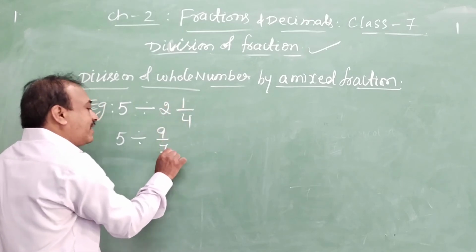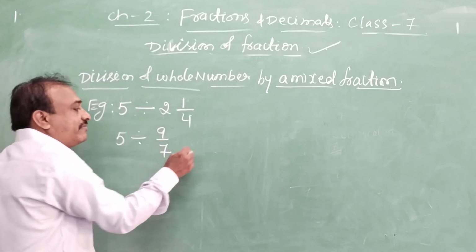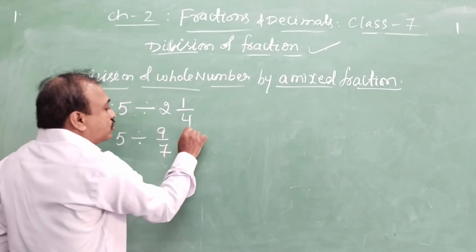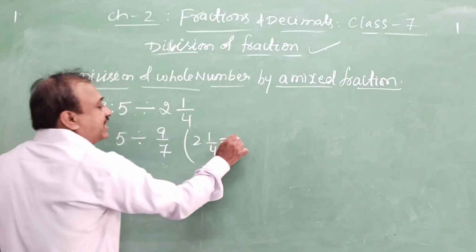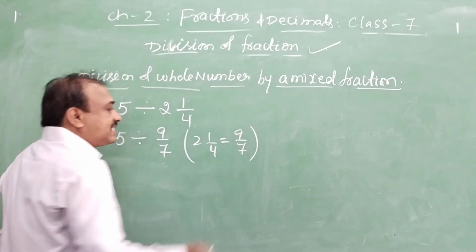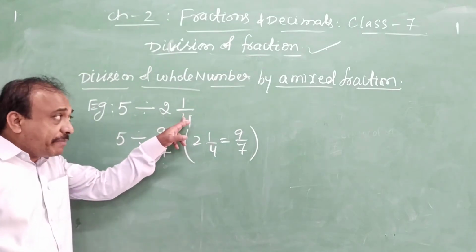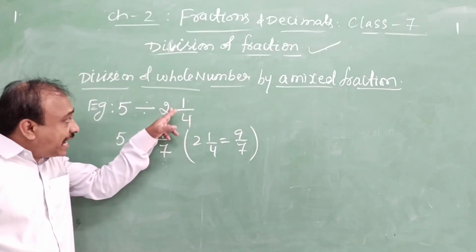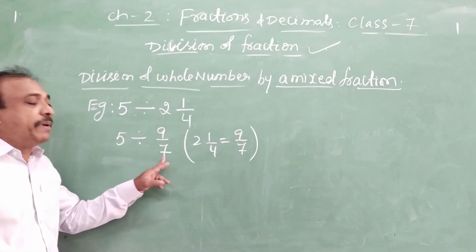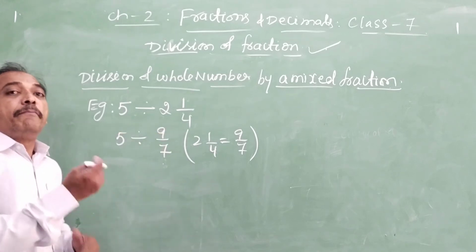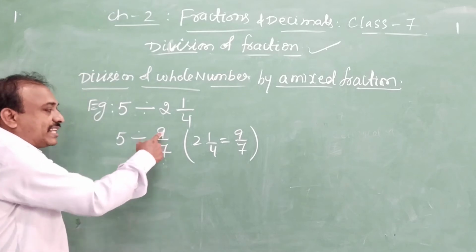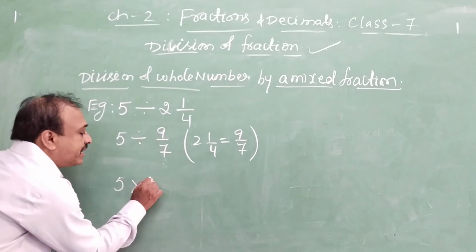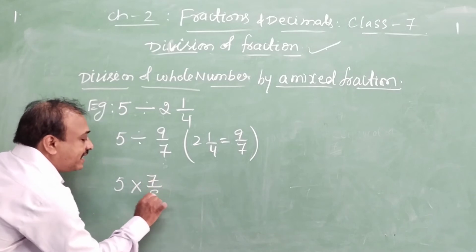So the mixed number 2 1 by 4 is converted into an improper fraction. Now the procedure is the same: multiply with the reciprocal. So 5 into the reciprocal of the divisor.